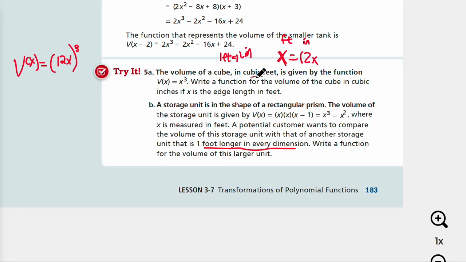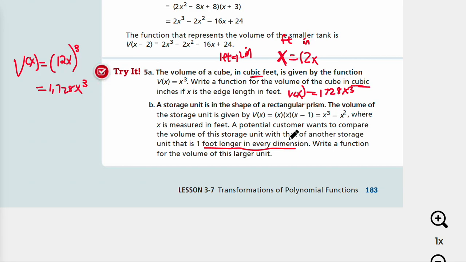But you have cubic feet and you want to write the equation in cubic inches. So then you would have to replace it and cube your 12x. So then 12 times 12 times 12 would be 1,728 x cubed. So this is your equation. V of x is equal to 1,728 x cubed.